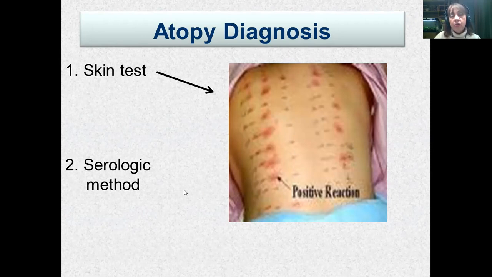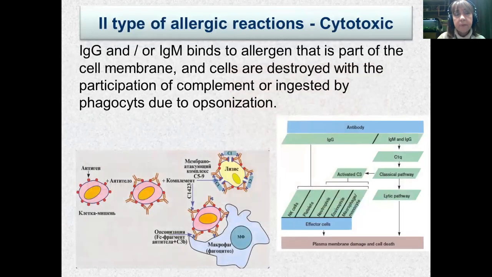Another method is the serologic test, when we take blood and do a precipitation test with suspected substances to know which of them causes allergy. And then it's enough to avoid contact with the substance to prevent appearance of clinical symptoms.